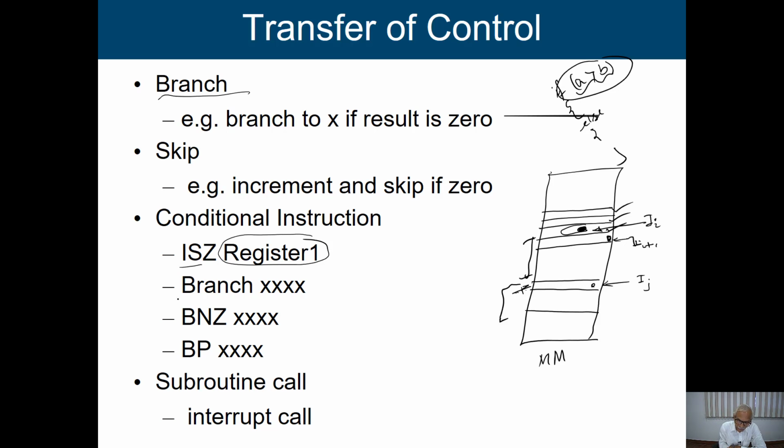This is another one, branch X. That means without any condition, if this instruction comes into the picture, then the transfer of control will go to memory location X. So this is basically an unconditional branch instruction. Earlier we talked about branch to X if result is 0, where depending on some result we have a branch.